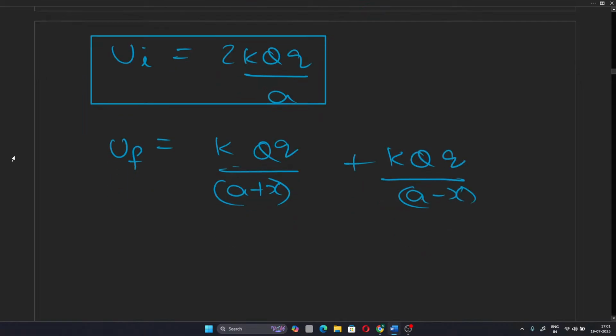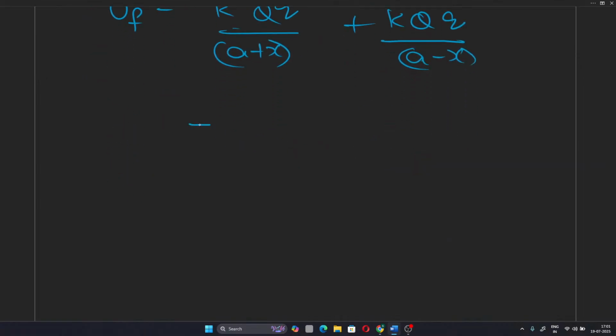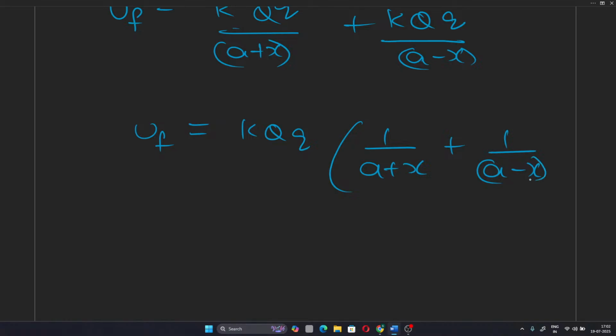We can take k, capital Q and small q common. So U final is kQq times 1 by a plus x plus 1 by a minus x.